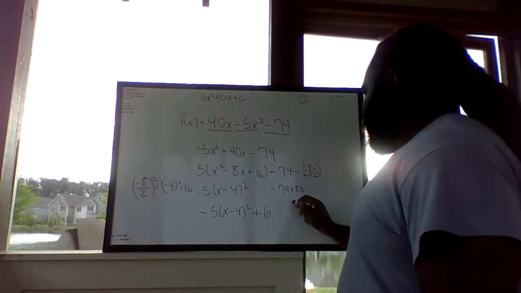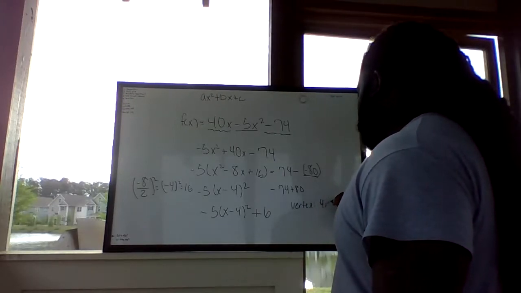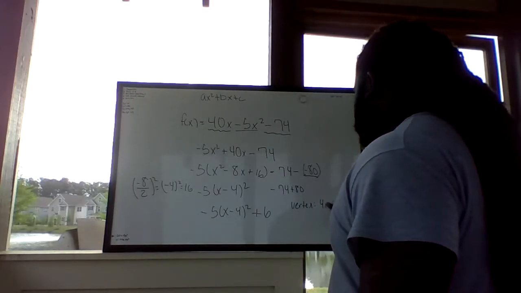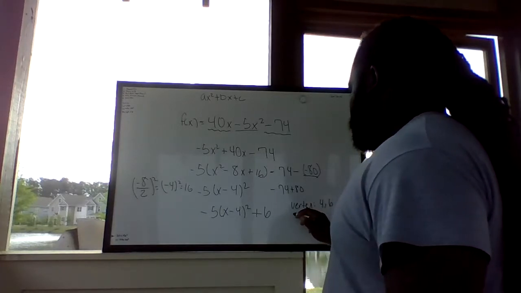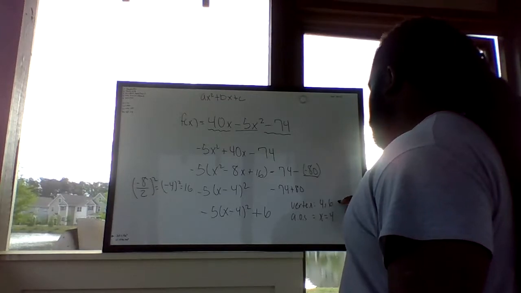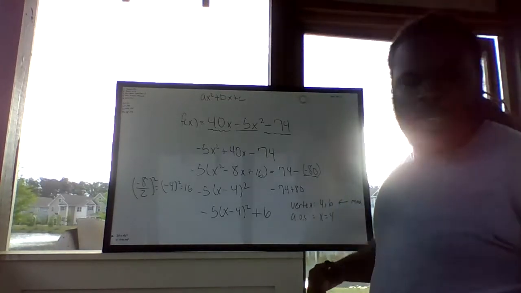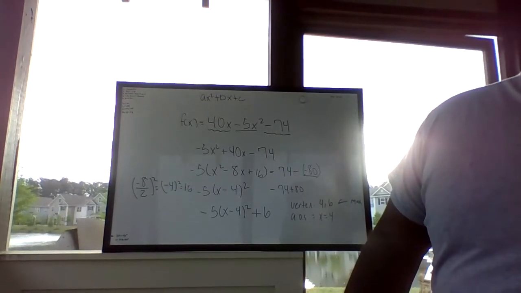So what do we know from here? All right, we know our vertex is going to be 4, positive 6. We know our axis of symmetry is going to be x equals 4. We know our vertex, this opens downward, so that's going to be my maximum.